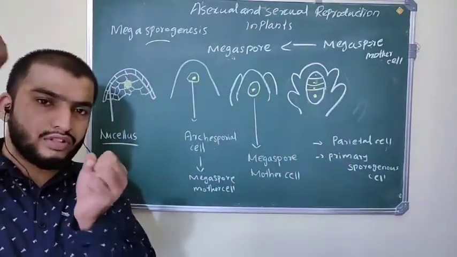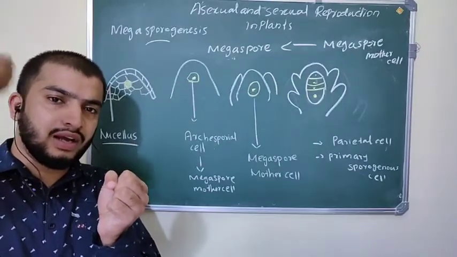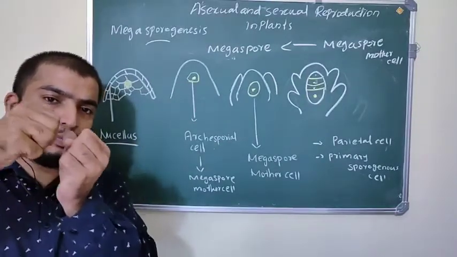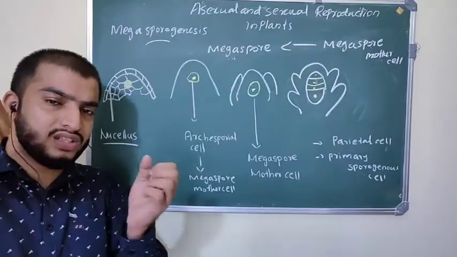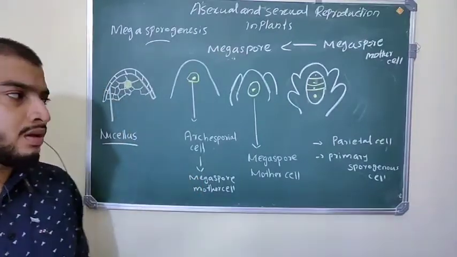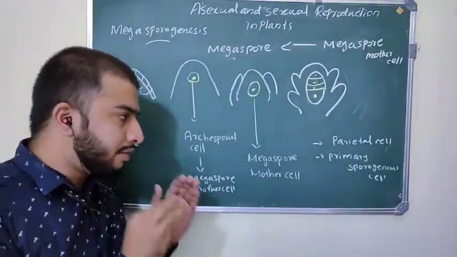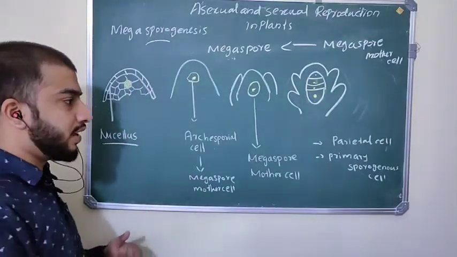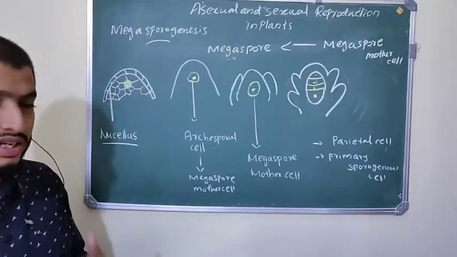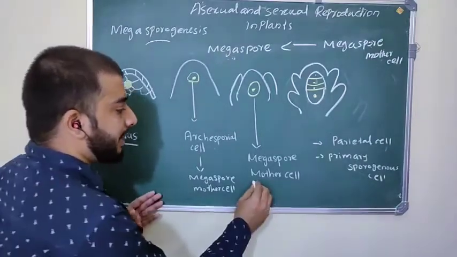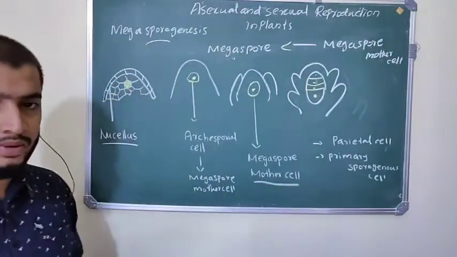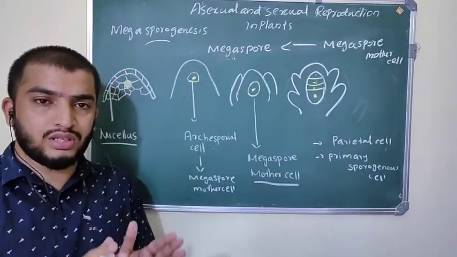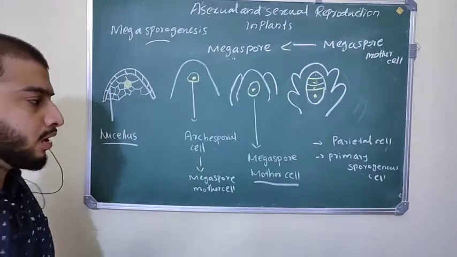The primary sporogenous cell again divides and becomes the megaspore mother cell.